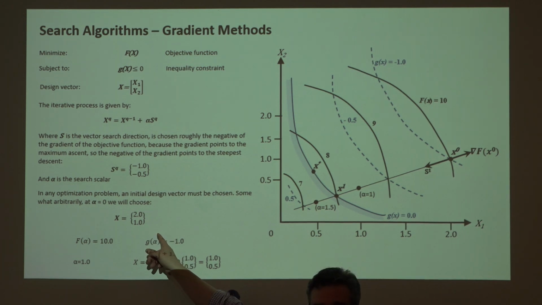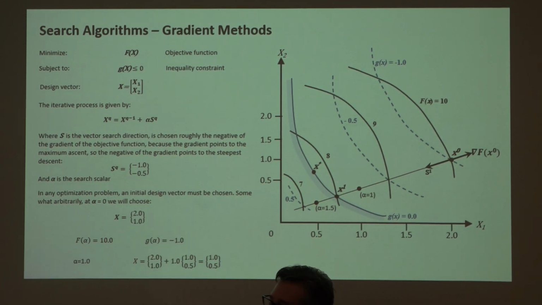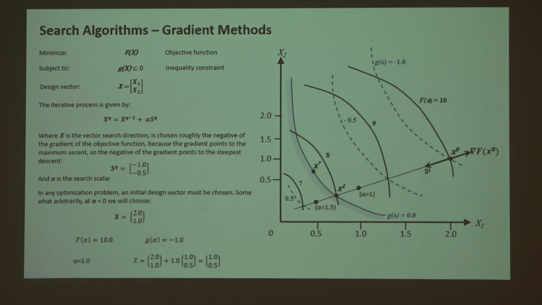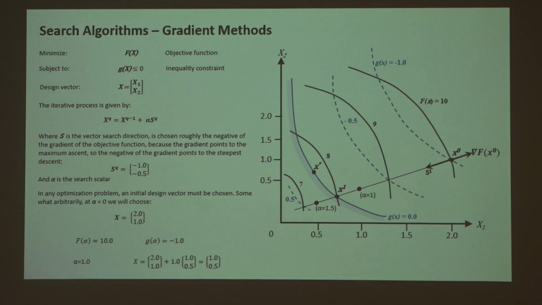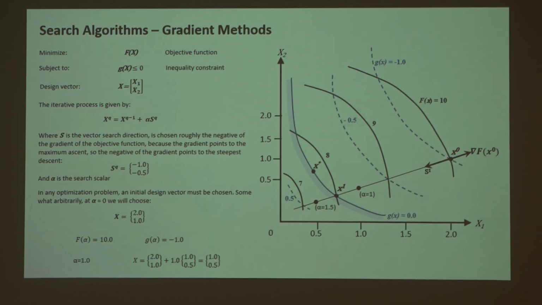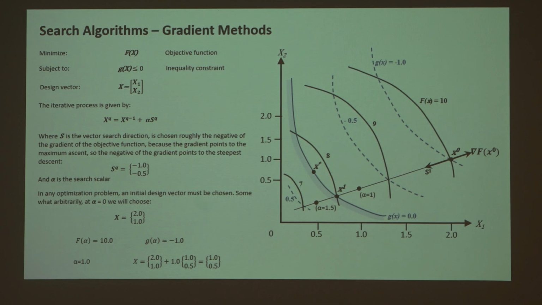This s is the negative of the gradient at that point x0. And our design step is going to be 0 for the first one. We calculate f of alpha, which is 10, like the number we got at the center of that graph.